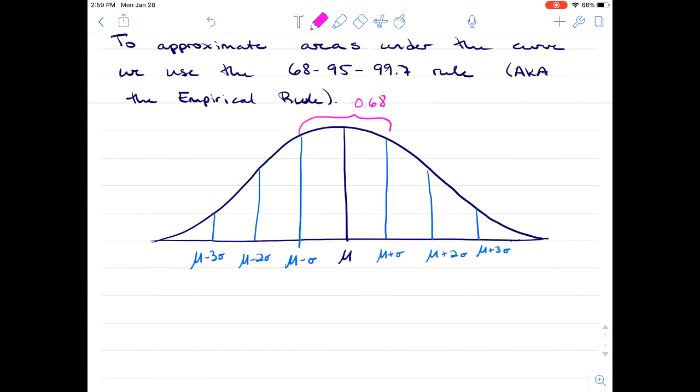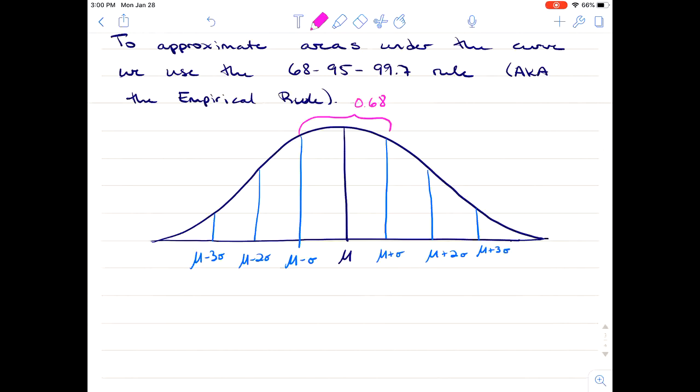So knowing that this area is 0.68, we can find this area from mu minus sigma down. We can find that area because we know the total area is 1. So if the total area is 1, we can take away 0.68 to get us to 0.32.